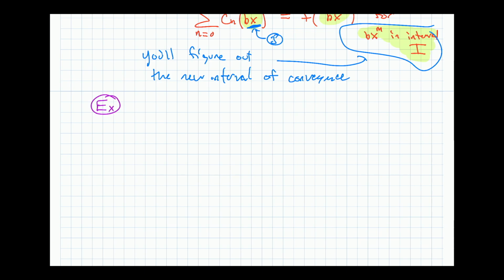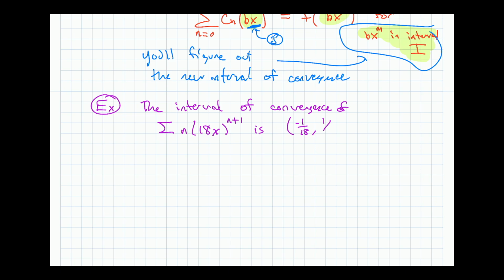All right, let's do an example. The interval of convergence of the power series in 18x to the n minus 1 is negative 1/18 to positive 1/18.